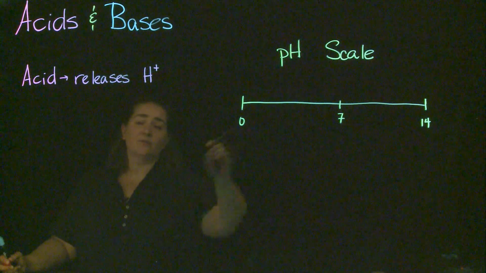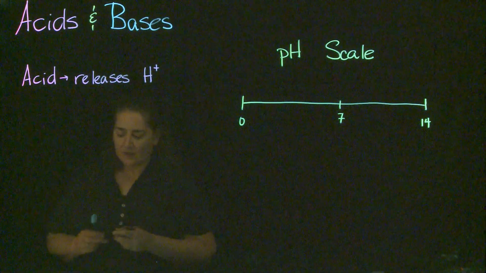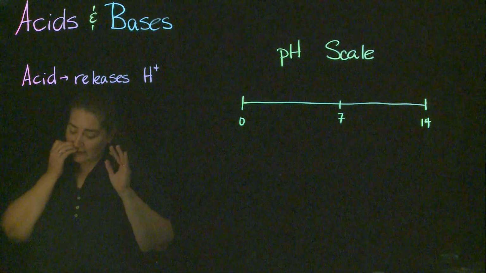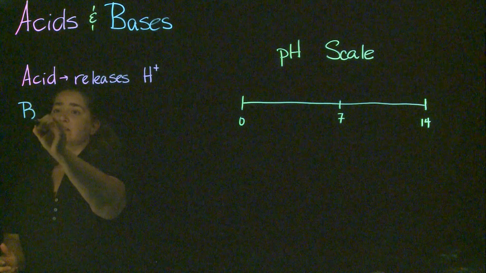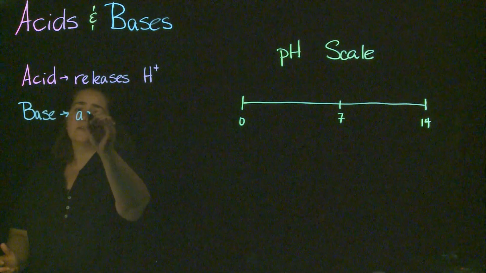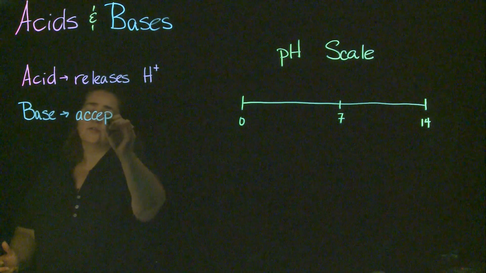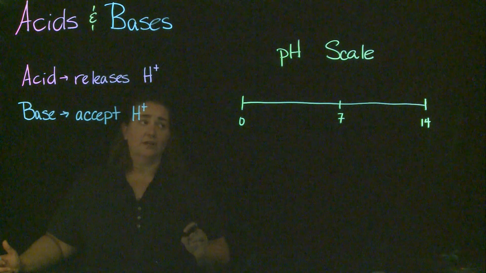I've got over here the pH scale. I'm going to explain that here in a minute, okay? First, I want to define what an acid is, okay? A base then is a compound that is going to accept a hydrogen, okay?